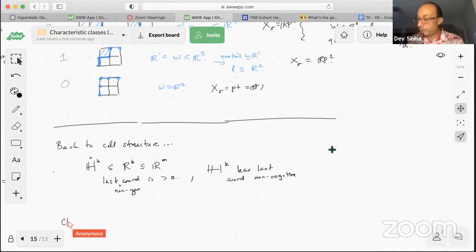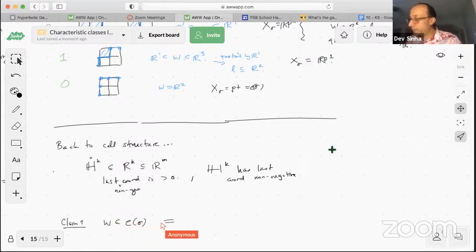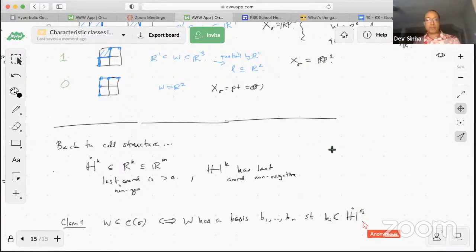First, something has Schubert symbol sigma if and only if W has a special kind of basis, let me call that B1 through Bn, because it's n-dimensional, so that Bi is in the open half space.